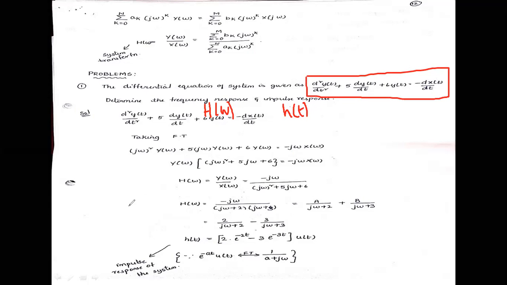Okay, my dear students. They are asking to determine the frequency response and the impulse response. Now let us see how we can. So what is the equation? The d square y of t by dt square, 5, 6, and the minus. Take the equation.